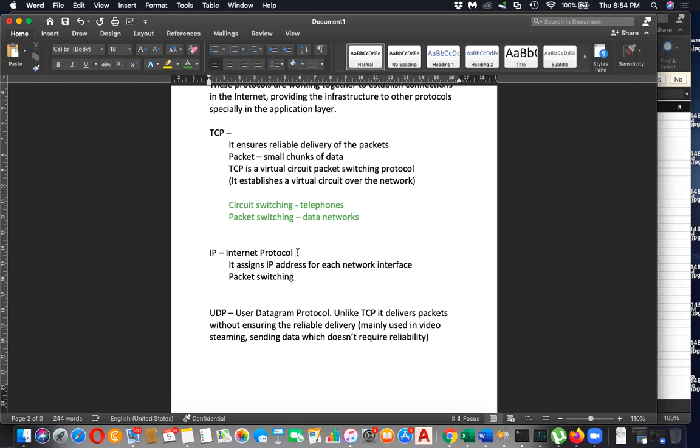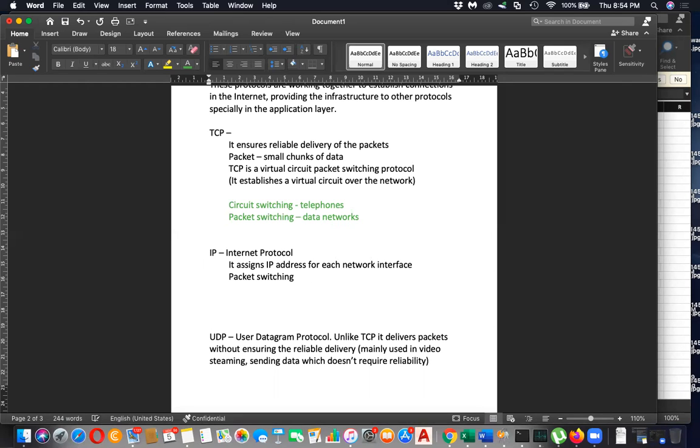Okay, anyway, IP is Internet Protocol. It ensures the packet switching, and the special thing that you should know is that it assigns an IP address. Let me explain about the IP address, the IP version 4 or v4 address.